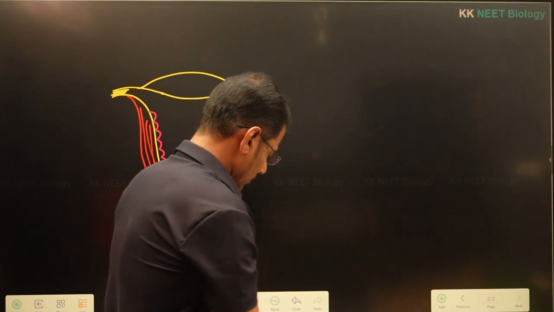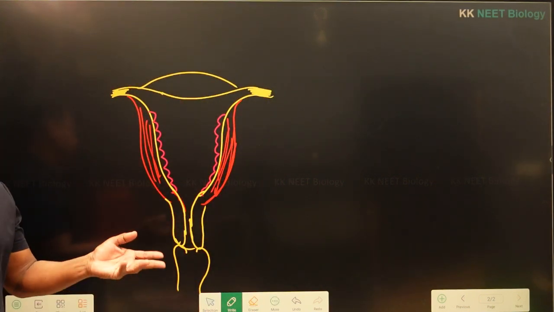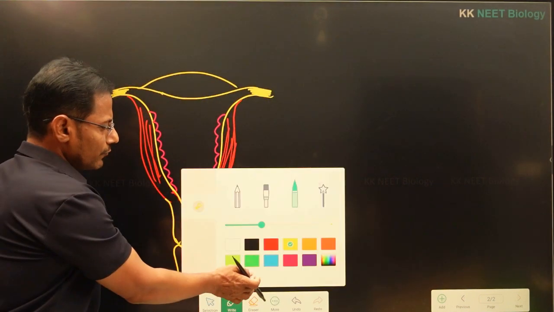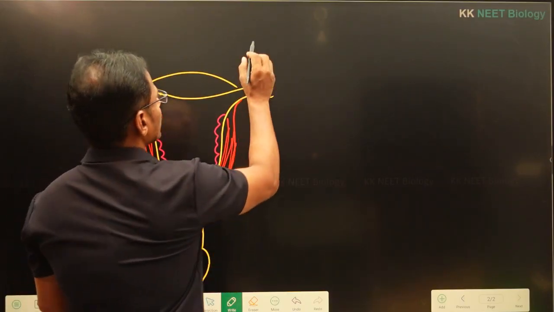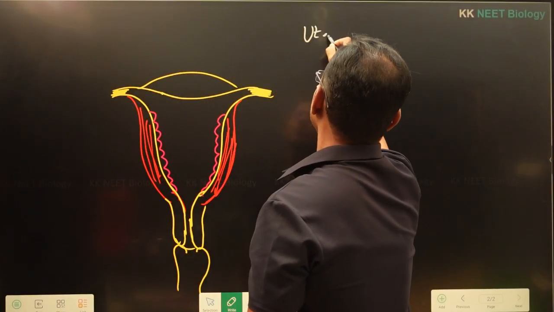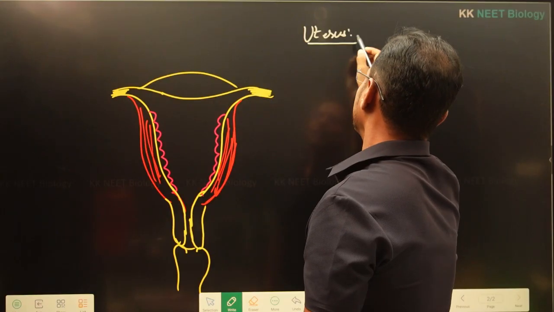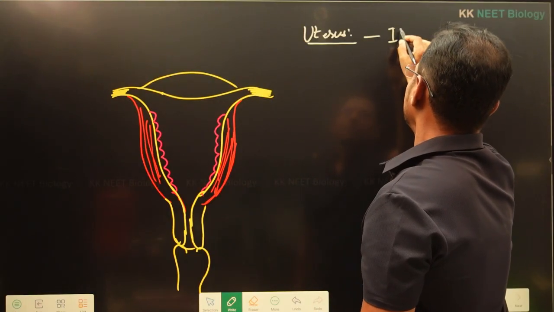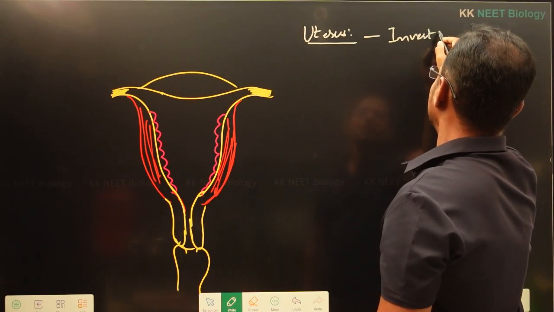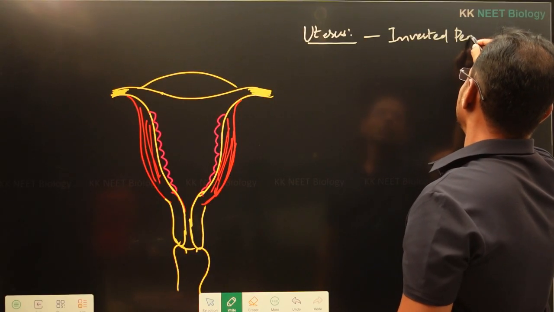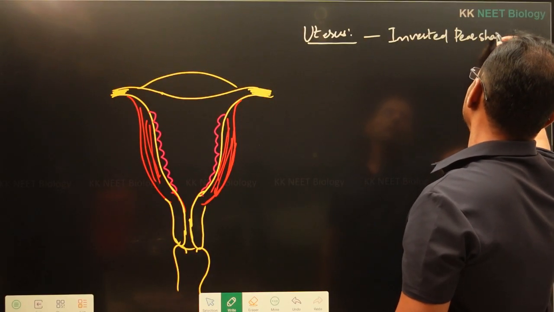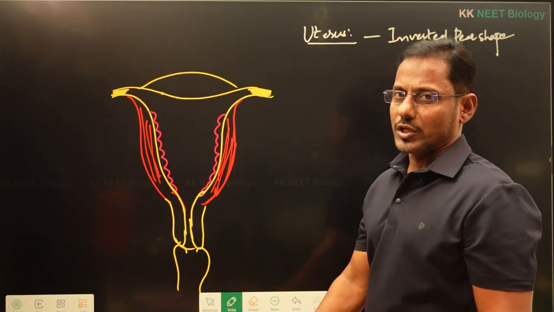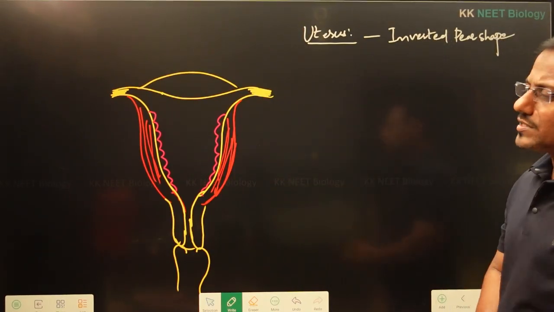Now we are going to see what shape you can see here. This is an inverted pear shape, right? So the uterus is generally an inverted pear shape.